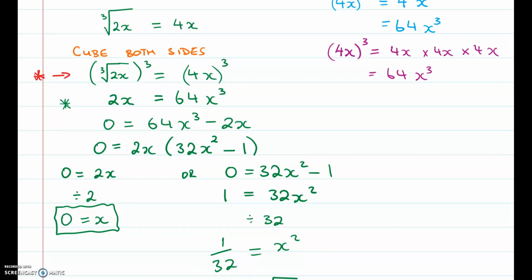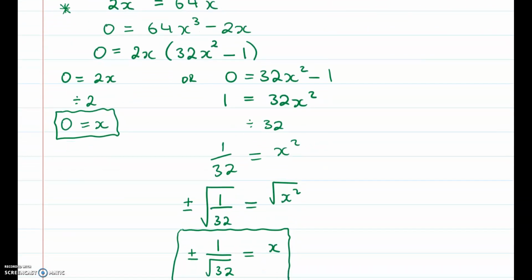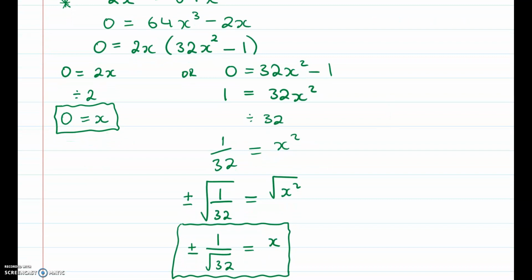Whenever you raise both sides to an even power, like in squaring, to the power of 4 or to the power of 6, then you're going to have to check your answers. But if you're raising both sides to an odd power, there is no need to check your answers, other than to assure yourself that you're correct. If you haven't made any mistakes in your work, then those answers will be correct.